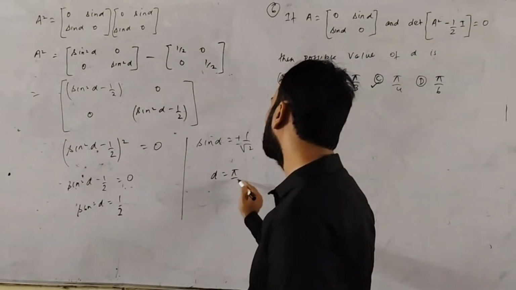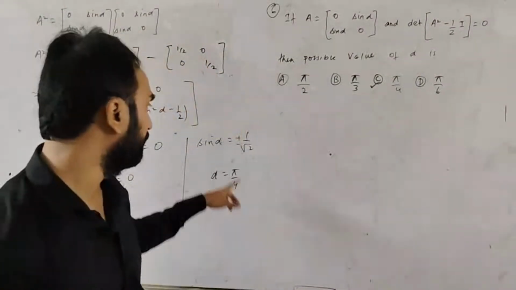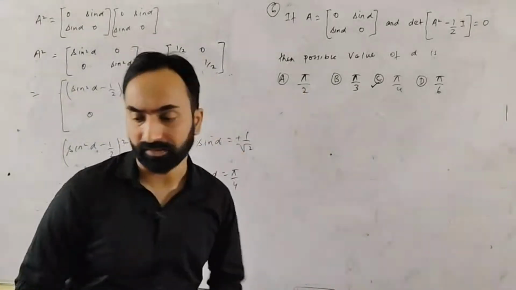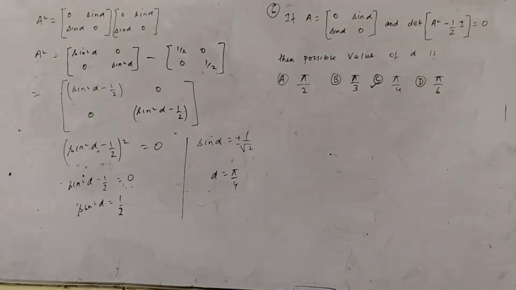Pi by 4, because we know sine 45 is 1 by root 2. So pi by 4 is the possible answer, correct? This was your question number 6. We'll move to the next question, question number 7.